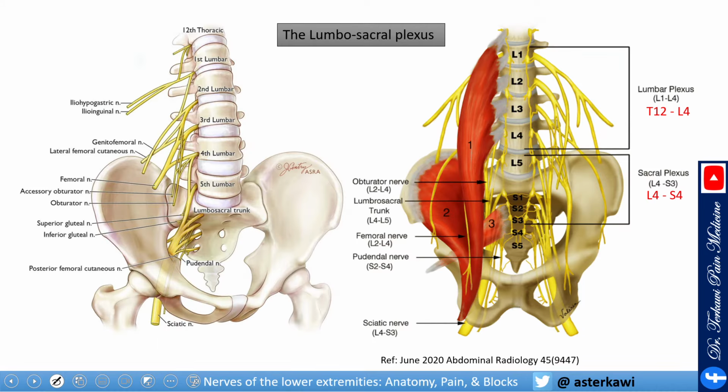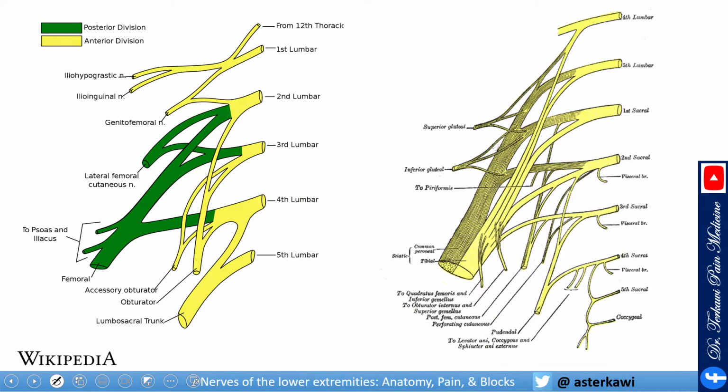Now, when we talk about the lower extremity, the lumbosacral plexus is the main innervation. So it's two plexuses. We call them the lumbar plexus and the sacral plexus. The lumbar plexus originates from L1 to L4 with a small contribution from T12, as we will see in a few minutes. And then the sacral plexus has a small contribution from L4, then all the way down with the sacral.